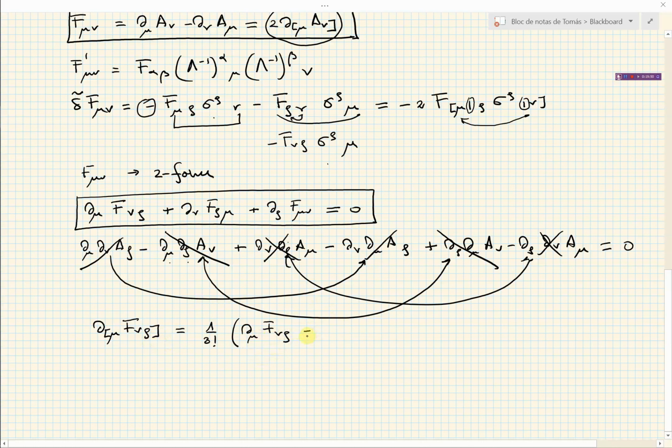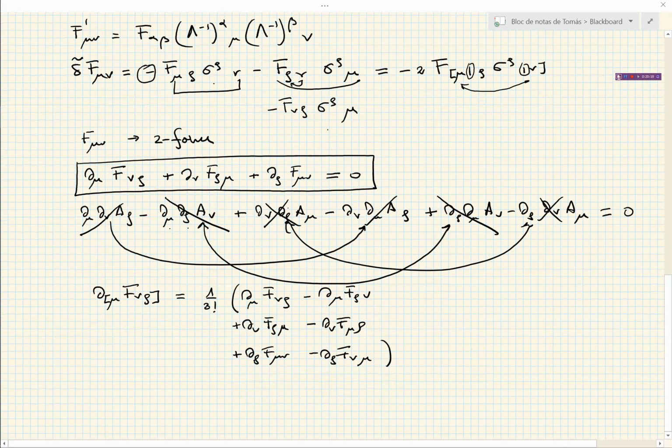So we have partial mu F rho nu. Just not to make mistakes, let me write this below, F rho mu, and then I interchange these two, F mu rho, and then plus F rho mu nu minus partial rho F nu mu. So this is the definition for any tensor F nu rho.